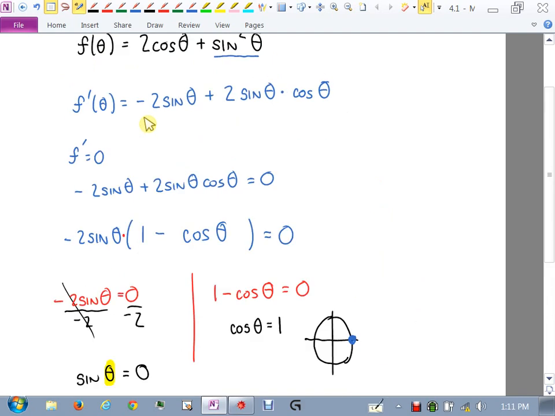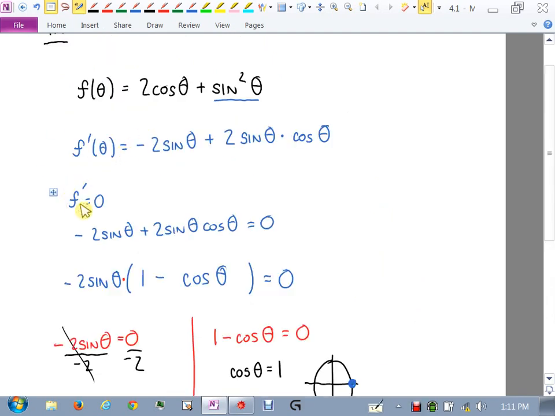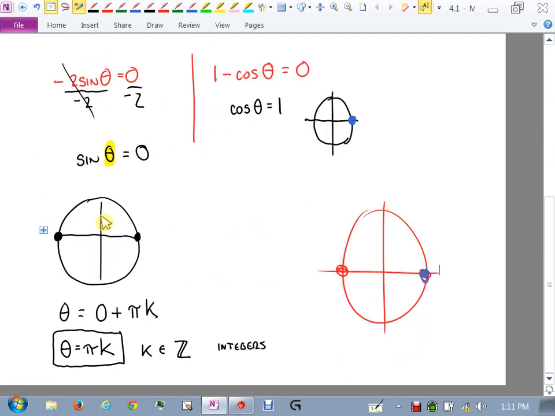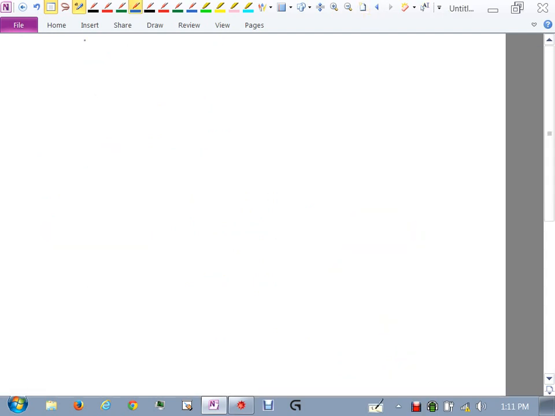This was just the derivative being 0, right? I need to also check when the derivative is undefined. So is the derivative undefined? Well, the derivative was -2 sine theta plus 2 sine theta cosine theta, right?